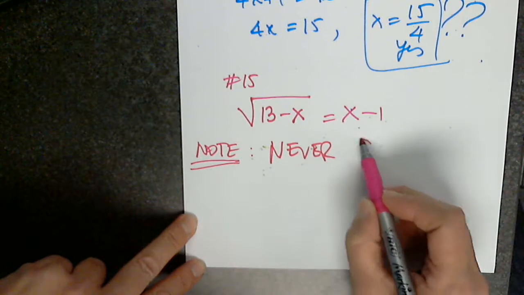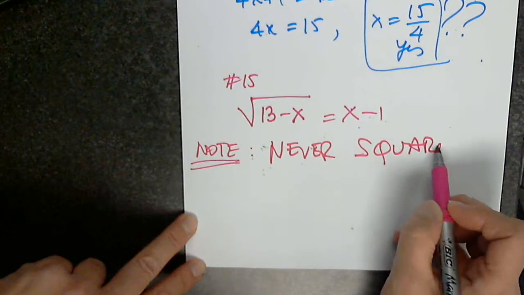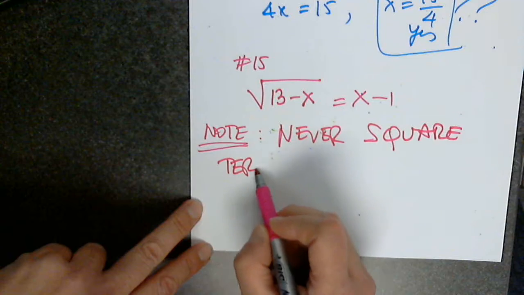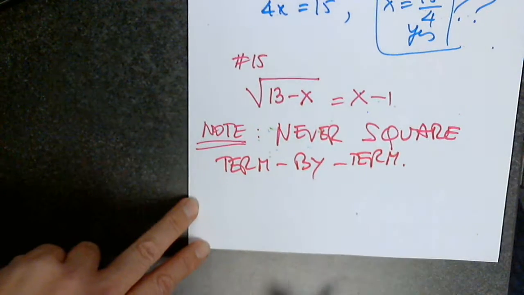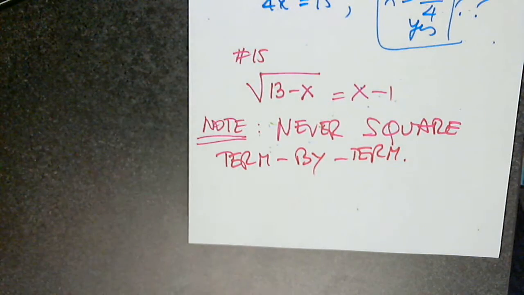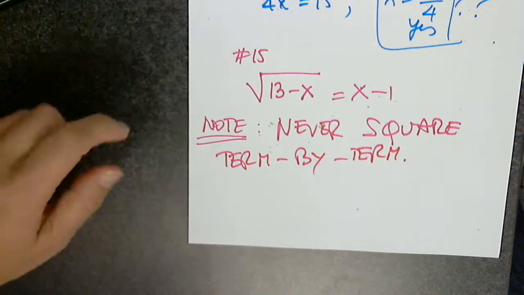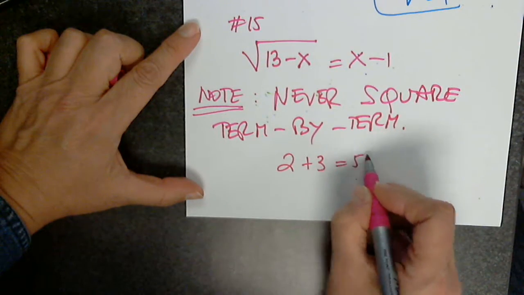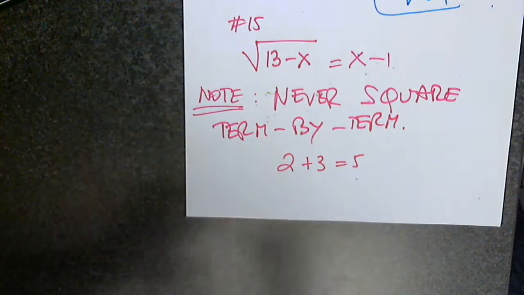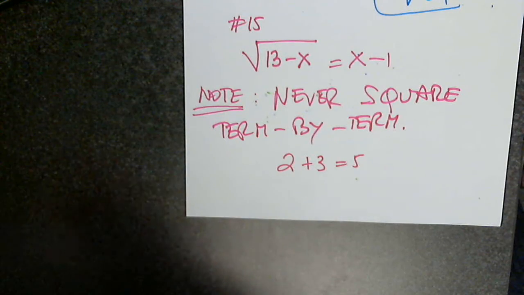Never square term by term. Let me give an example of what I mean. Is 2 plus 3 5? Would you agree? Is that correct?